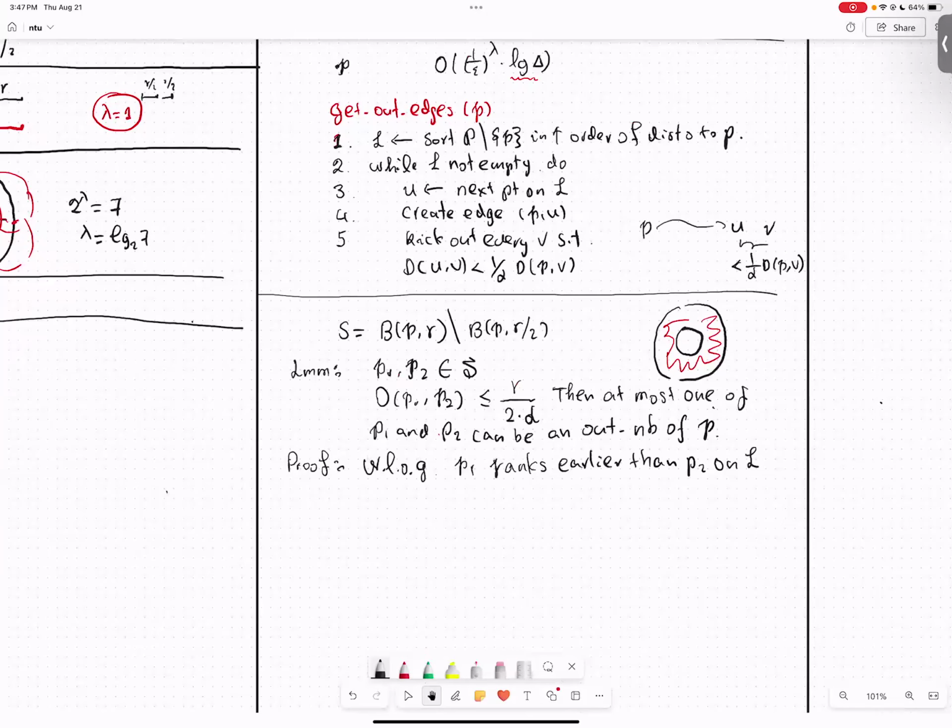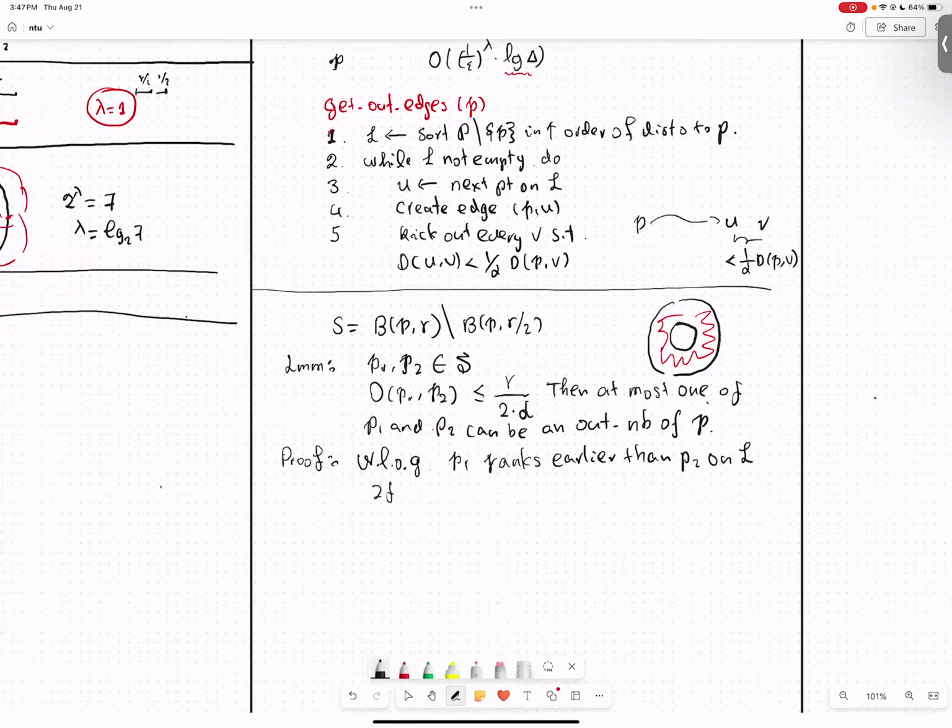Okay, so first of all, if P1, so the better guy, is not an out neighbor of P, all right, the better guy, let's say New York. If New York is not an out neighbor of Singapore, we're done.